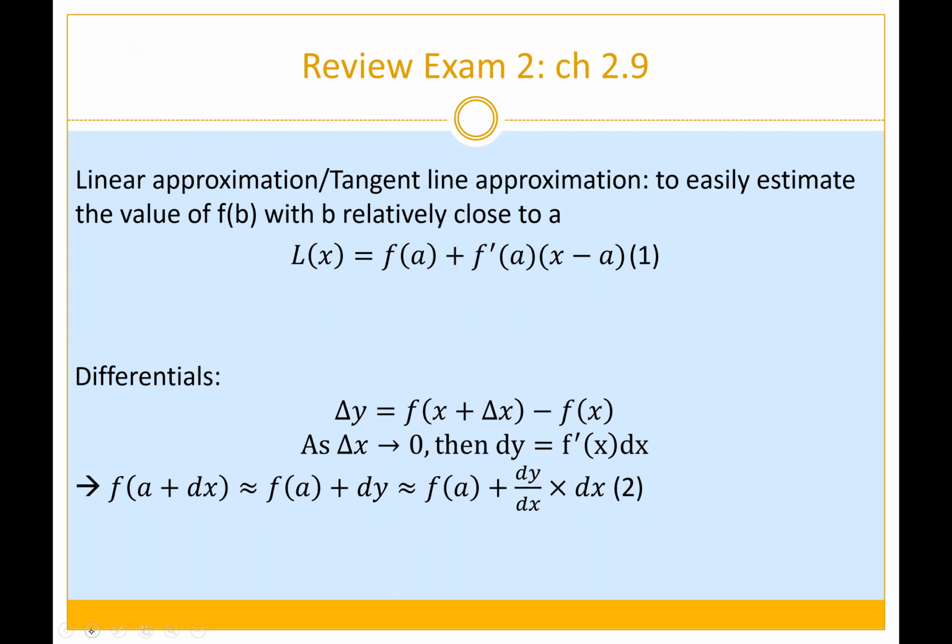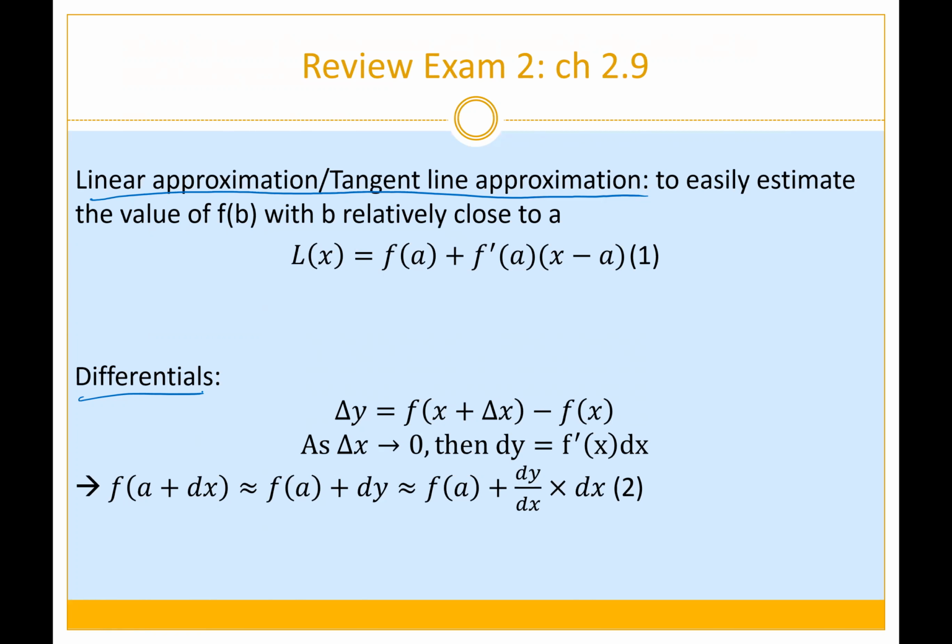For exam 2, first is section 2.9, which is linear approximation and tangent line approximation, and also differential approximation. Linear approximation is one of the applications of the derivative, where you use the tangent line approximation to estimate a value of f(b), where b is relatively close to a, but it's not a very nice value for you to just plug in.